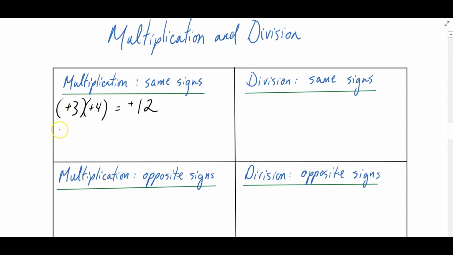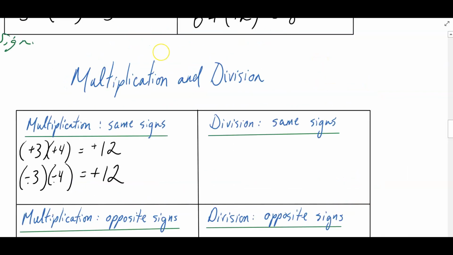And the same will happen with negatives. These are the same sign, so the answer is positive. Okay. With division, the rule is the same for division with same signs.